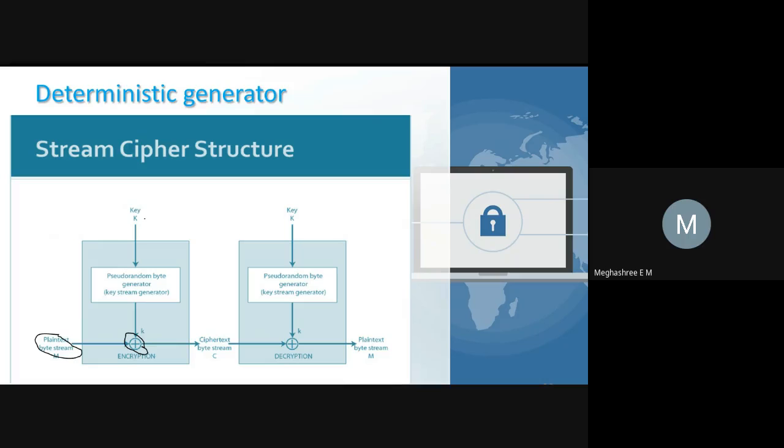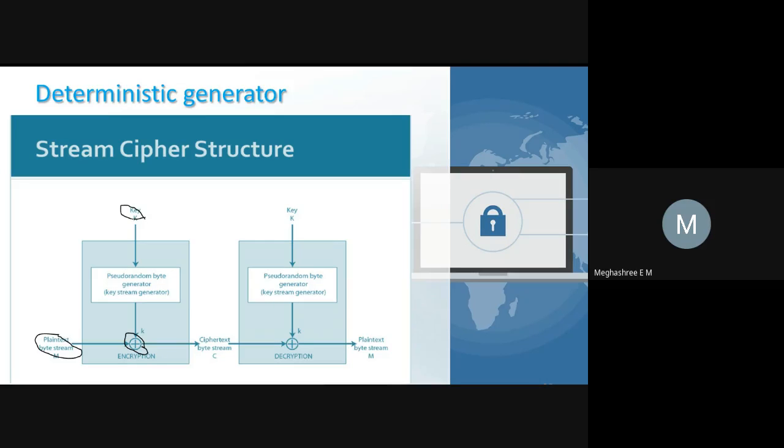You can see the key is written here. Performing encryption means you are applying some algorithm, right? Along with this algorithm, you are applying a key.